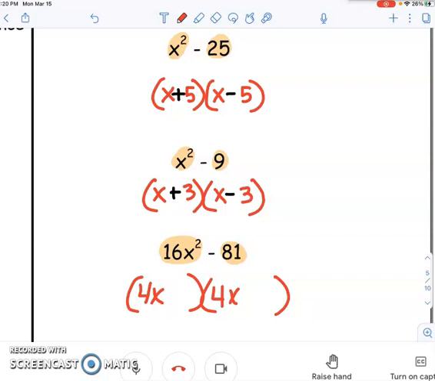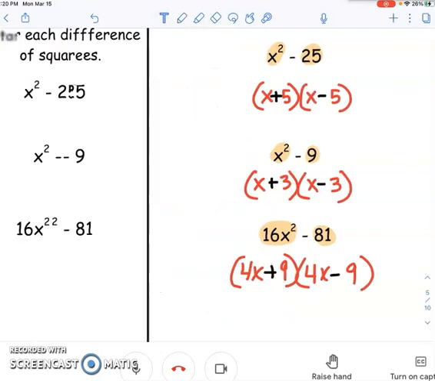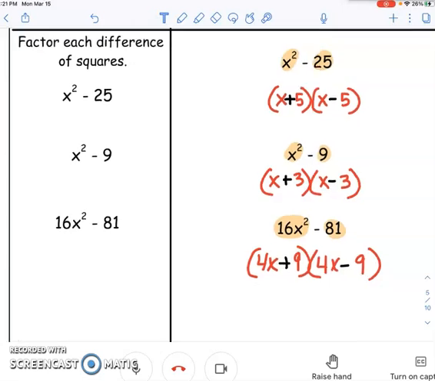So I'm not talking about 16 times 1 or 2 times 8. They have to be the same. And then 81 is 9 times 9. And then remember, just put 1 plus and 1 minus, and that's it. So this factoring pattern is pretty quick to figure out.